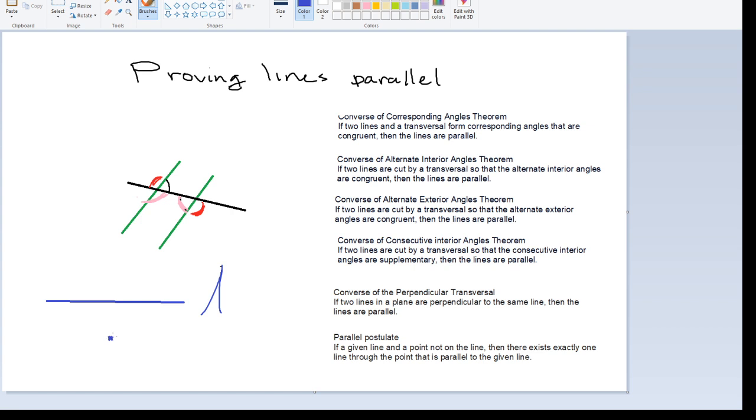Let's call this point P. How many lines can I make that go through that point P that are parallel to L? And the answer is, well, just one. I can only draw one line that's parallel to line L that passes through point P. We call this the parallel postulate or the parallel axiom.